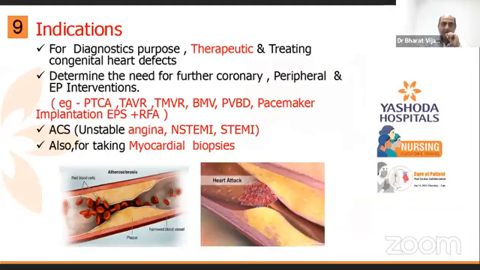Either there may be an abnormally fast pathway through which the impulse is going, so it is rapidly transmitting into the ventricle and making the ventricle beat faster. That is the most common cause of PSVT.